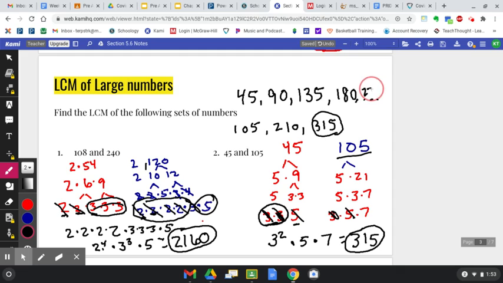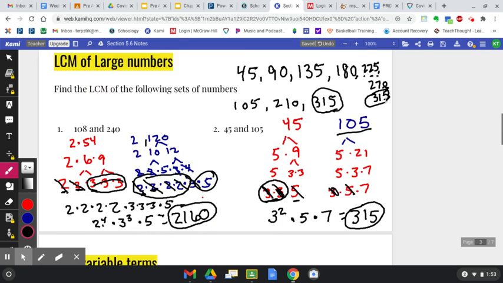That would be 225. That would be 270. And then 315. Oh, there we go again. 315 is where you run into this pattern here, right? So the LCM is 315.